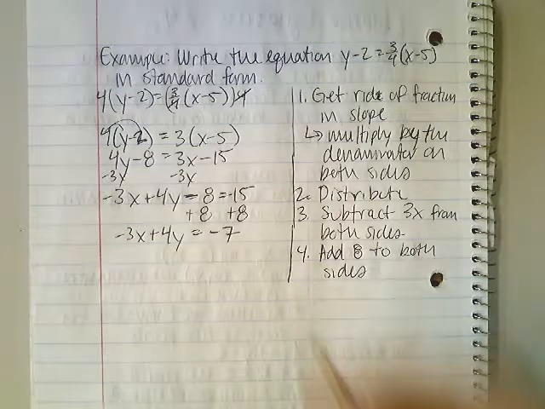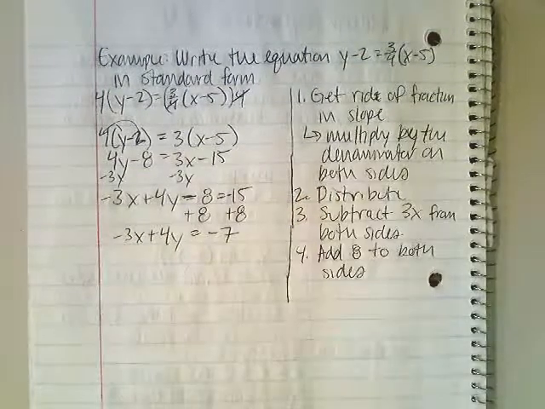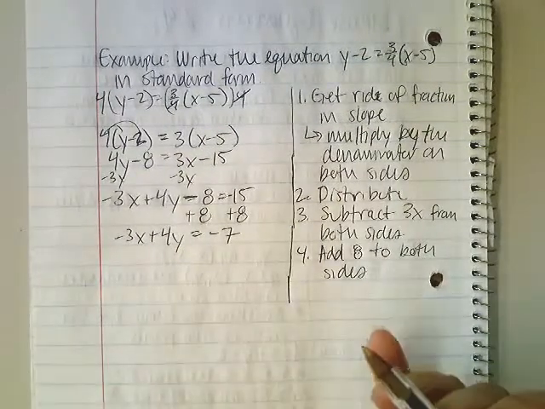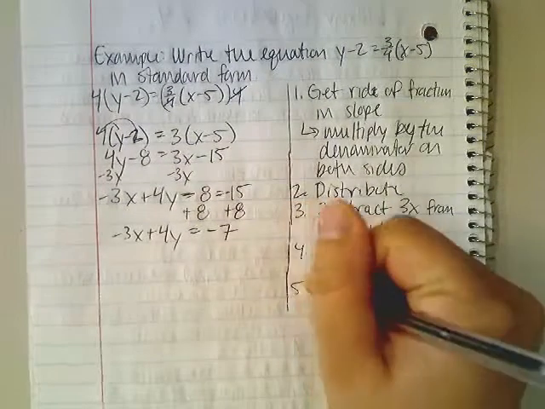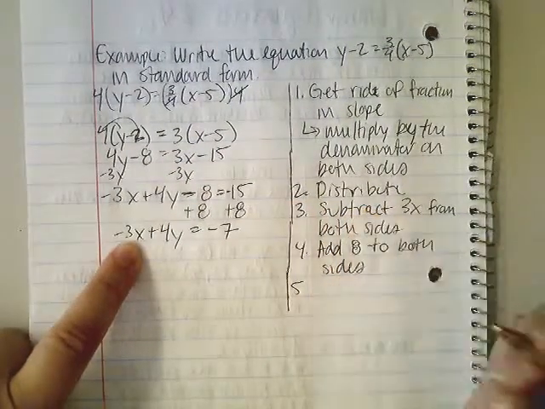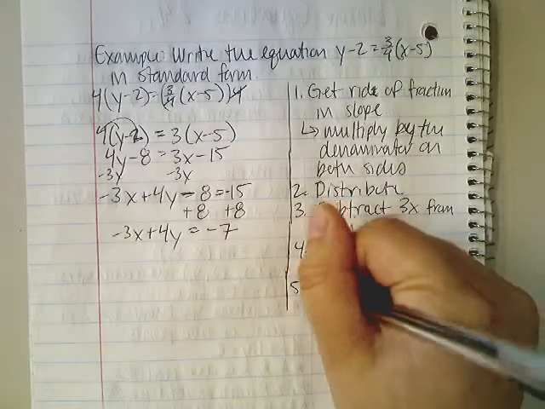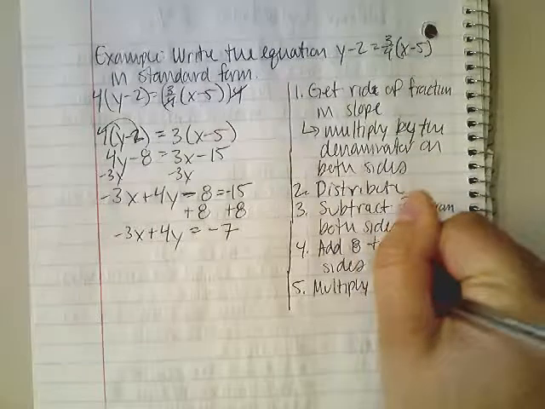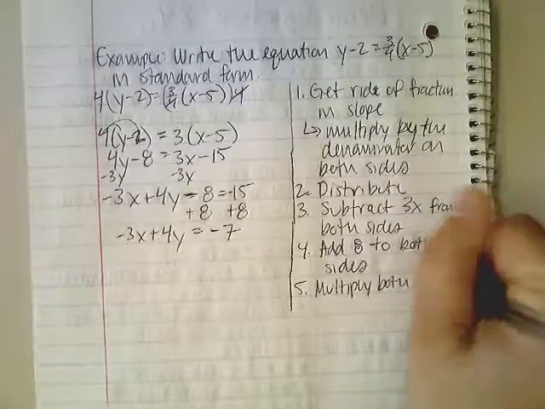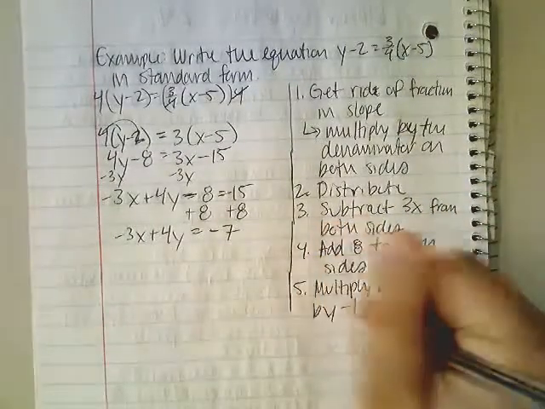And this satisfies your book's requirements for standard form, but oftentimes teachers will want the coefficient of x to be positive, so you can also multiply both sides by negative 1.